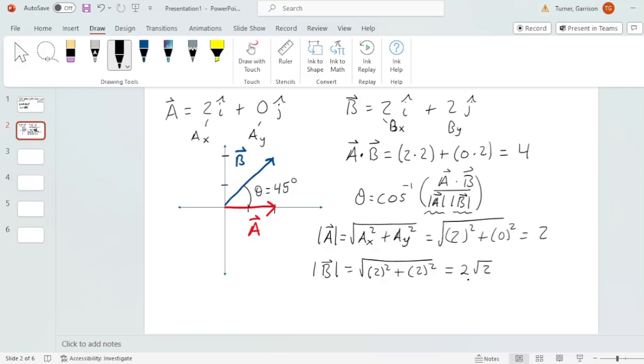Okay, so now we want to plug these values into our formula for theta. So we already know the result of A dot B. That's 4. And the magnitude of A is 2. And the magnitude of B is 2 root 2.